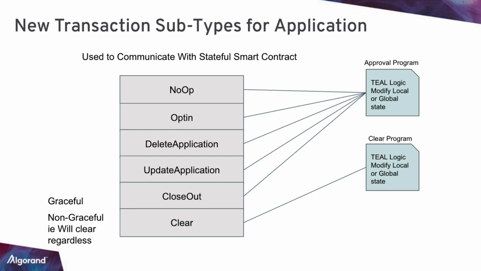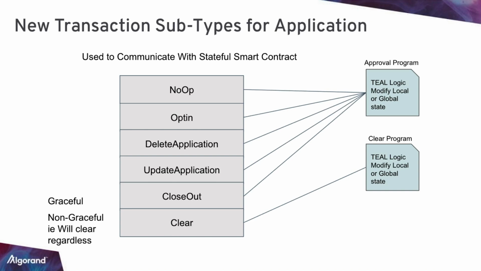That's it. And then we have this closeout transaction. This is anytime as a user of a Stateful Smart Contract I want to opt out of it. Well, then I can call the closeout, and that'll close my account out gracefully. Now, the problem with that is if that closeout fails, the transaction fails, then I can't get out of the contract. That is why we have the clear transaction.